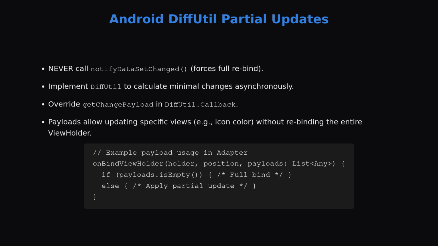This means updating just an icon or a text color without requiring the rebinding of the entire view holder structure. Utilizing payloads significantly reduces central processing unit usage during frequent data updates, preserving smooth scrolling performance.